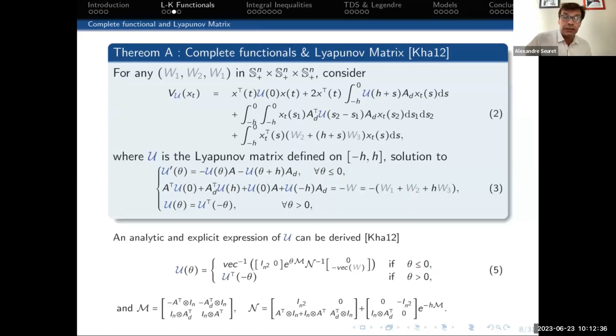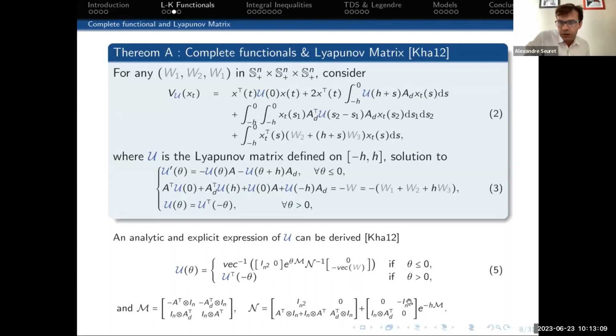It can go further because it is possible to find a solution to this matrix differential equation. This was the work of Kharitonov that provided an analytic expression of this function, defined as follows. It is somehow a sum of exponential terms, and all these terms depend on the characteristics of the matrix of the system and on the delay.